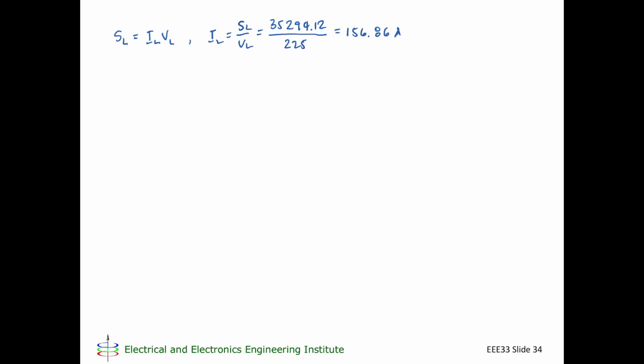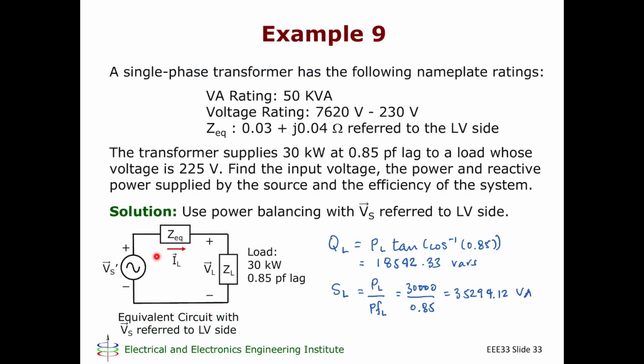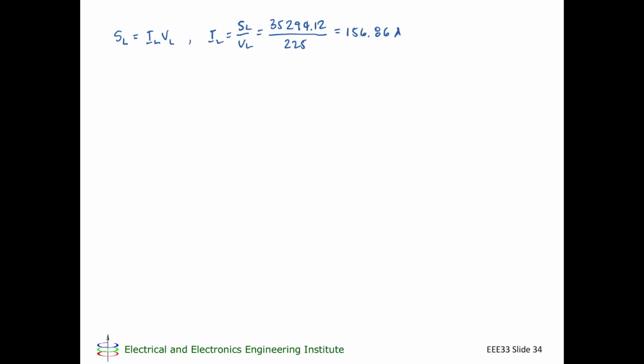Now, what are the power and reactive power supplied by the source? The power supplied by the source is going to be the power that is lost in Z equivalent plus the power that is eventually delivered to the load. What is that lost power?